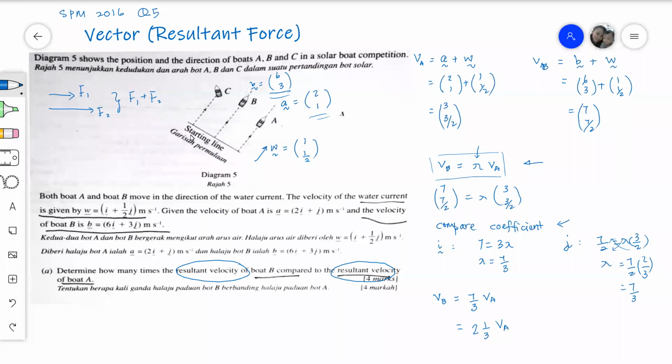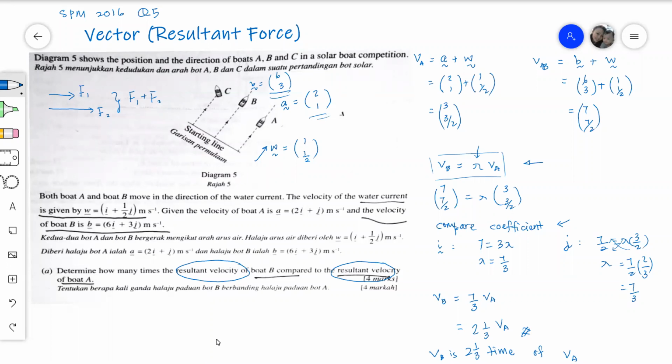Therefore, we can answer part A: it is 2 and 1 over 3 times. Or you can just leave this as the answer. So VB is 2 and 1/3 times the resultant velocity of A. So that's the answer for part A.